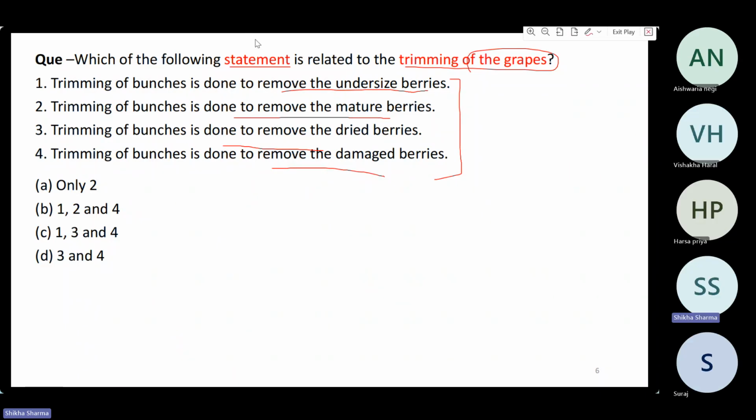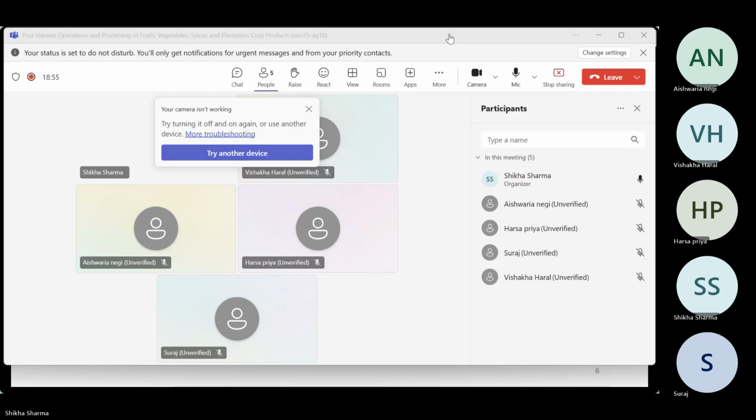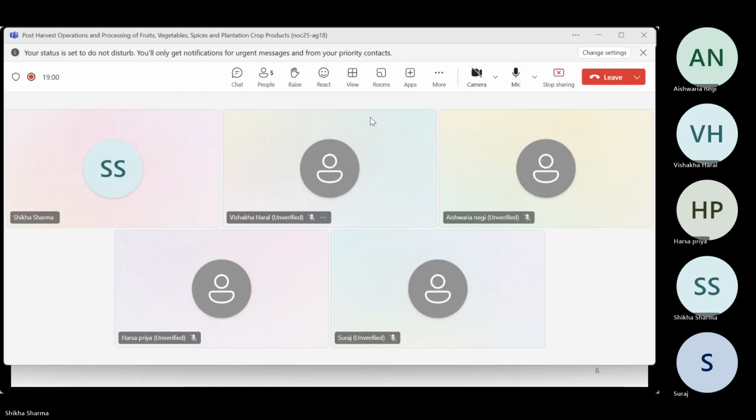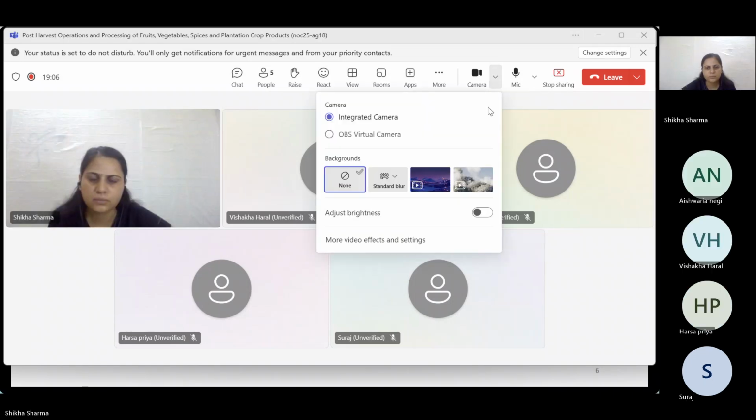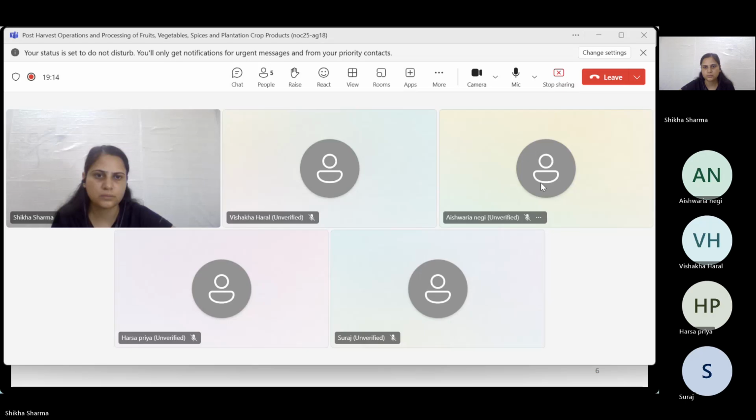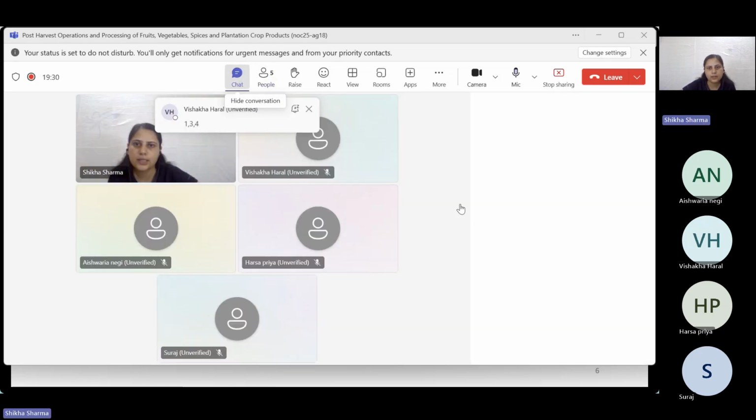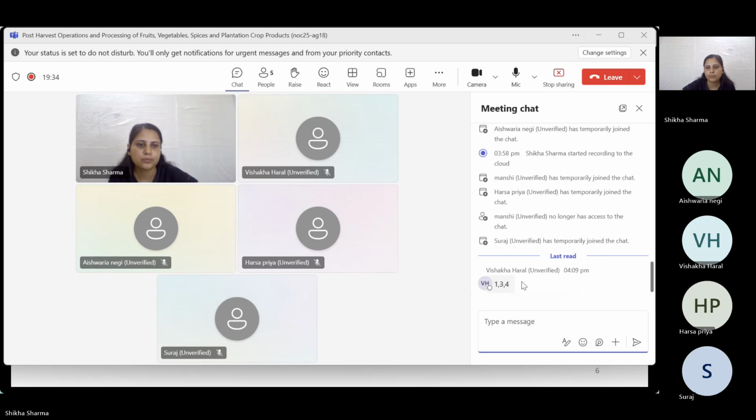So which option can be correct? Anyone would like to answer? Vishakha is saying 1, 3, and 4.